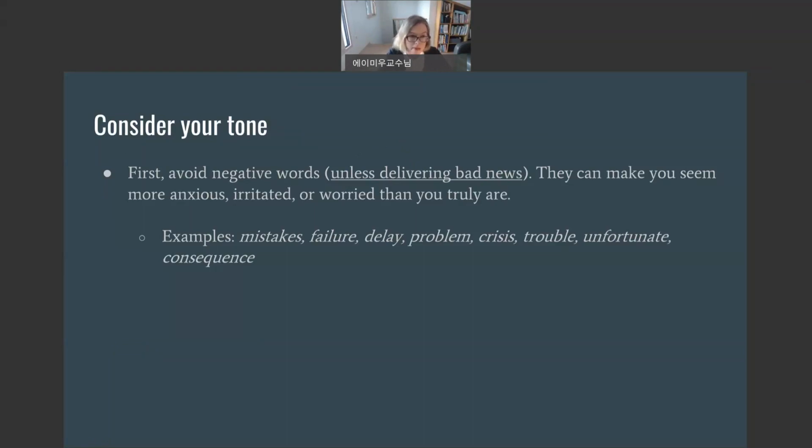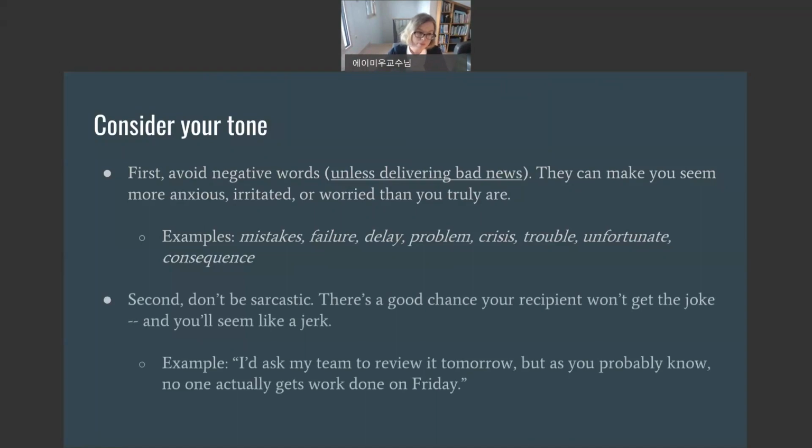So some examples of negative words that you want to avoid are mistakes, failure, delay, problem, etc. So just try to avoid these as much as possible. Sometimes they're unavoidable, but do your best.